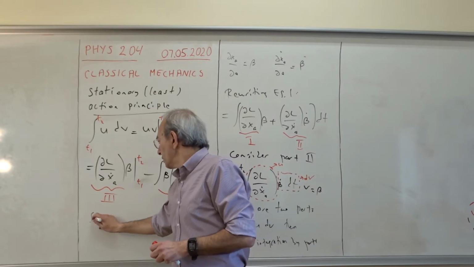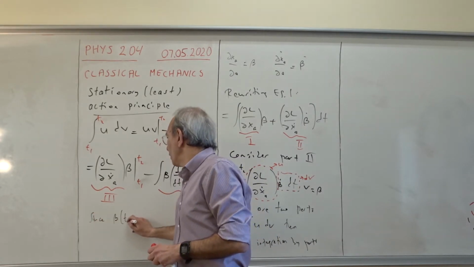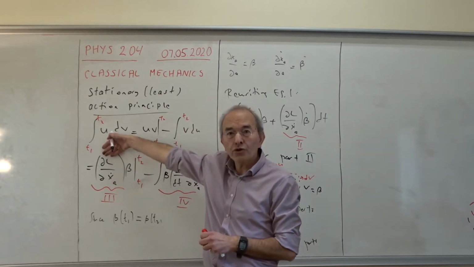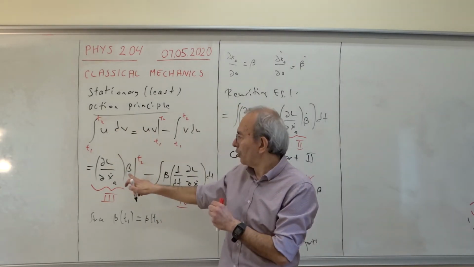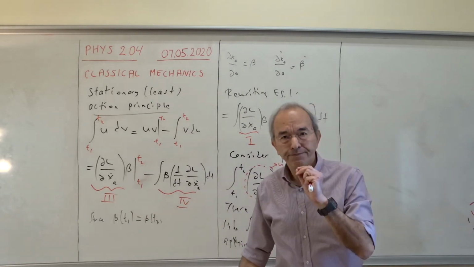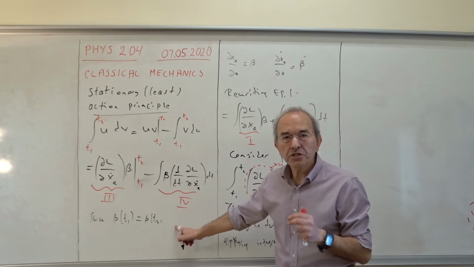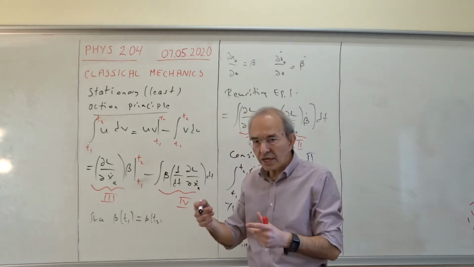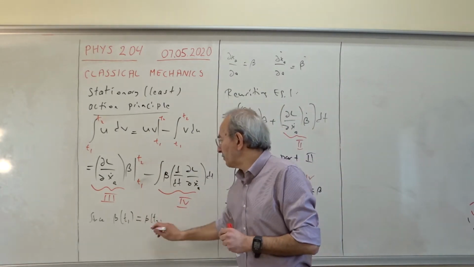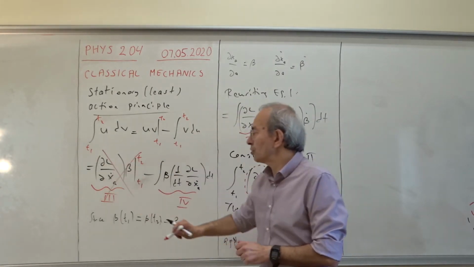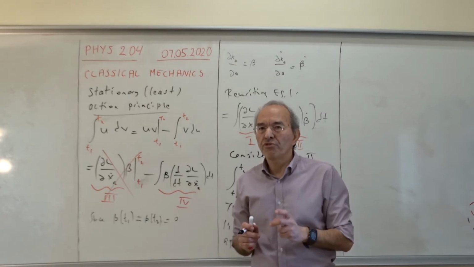So beta of t1 and beta of t2 are both 0, which makes it certain that it is indeed 0 at the limits, and these are the limits we have to apply. So there is no contribution from the term 3.